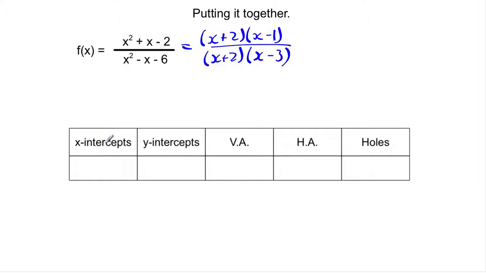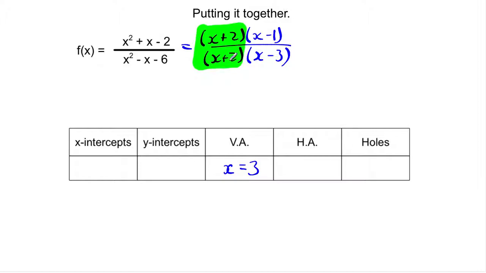So let's start with the vertical asymptote, because that's what we just went over. Looking at the factors that are the same, it's going to be the x plus 2's. The value of x that will make the denominator 0, no matter what I factor out, is going to be x is equal to 3.